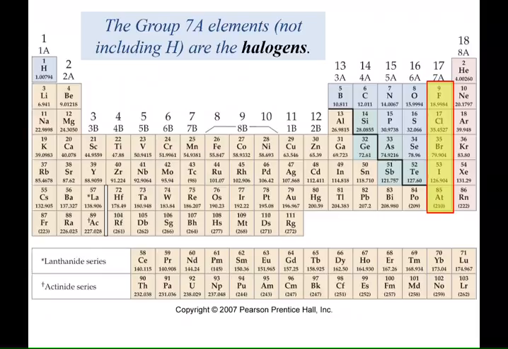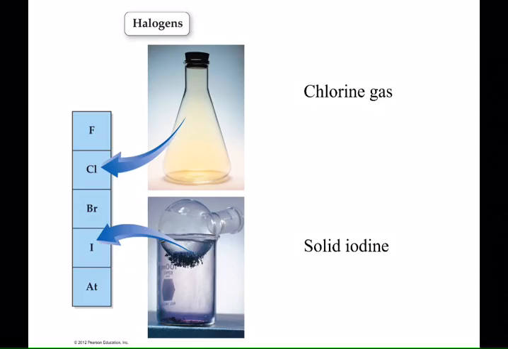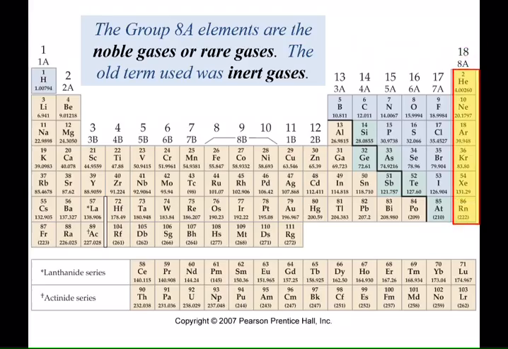We have two more groups. A third group over here is the 7A, and I've said before that they are the halogens. And so here's what the halogens look like. And then last but not least, I need you to know group 8A. And group 8A actually has 3 names, good, bad, or otherwise. I probably call them the rare gases the most, because they're relatively rare to find on Earth.